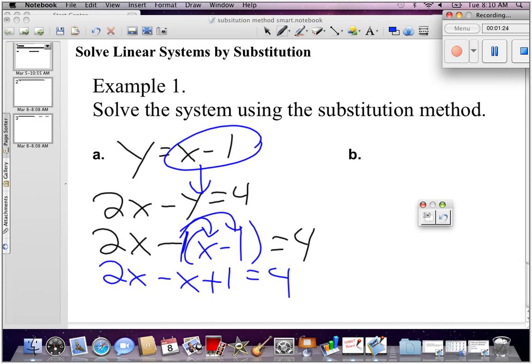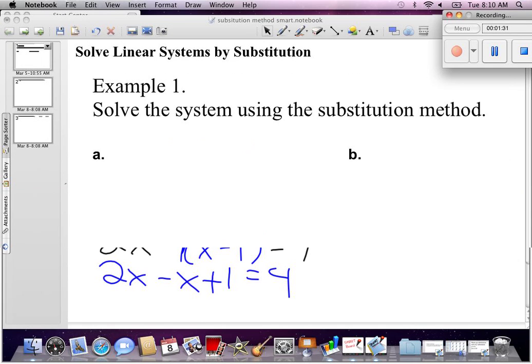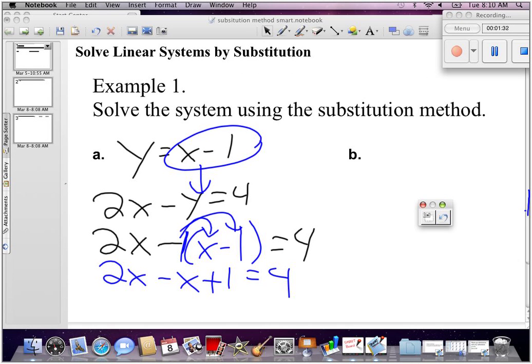Okay, Nika, what do I do now? Do we have anything that we can fix on this side of the equal sign? Yes.